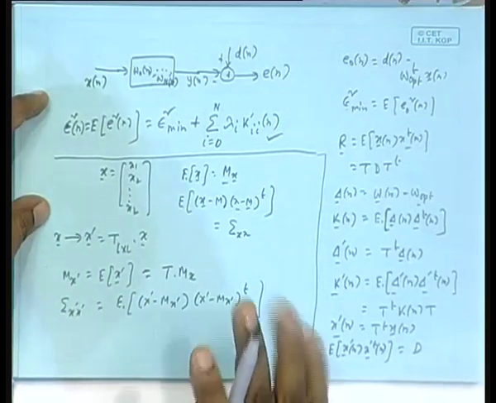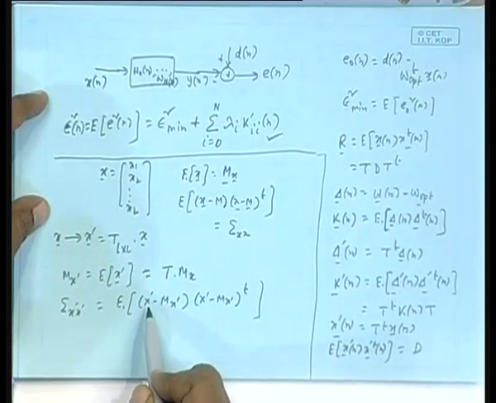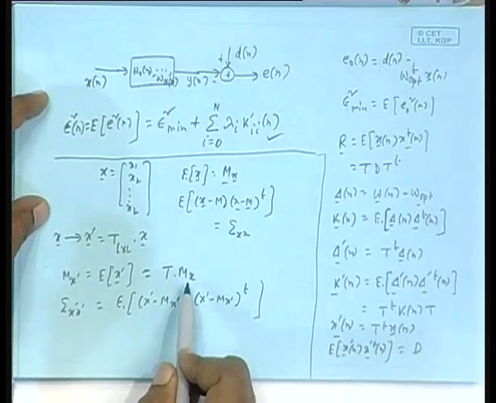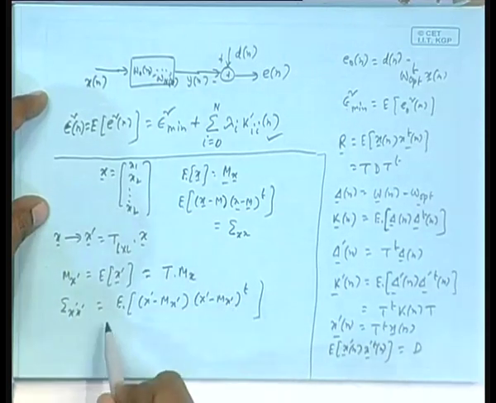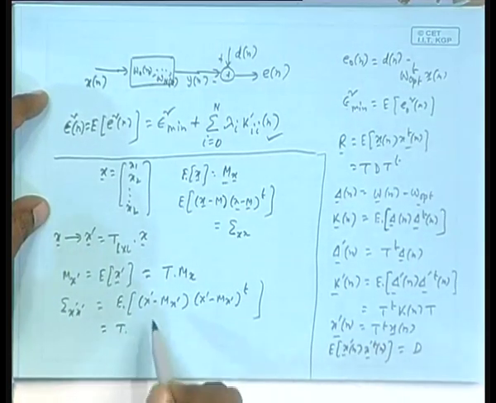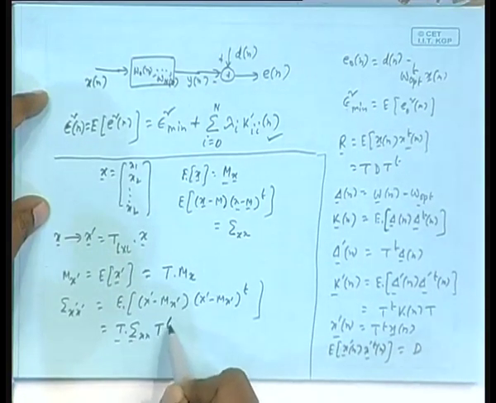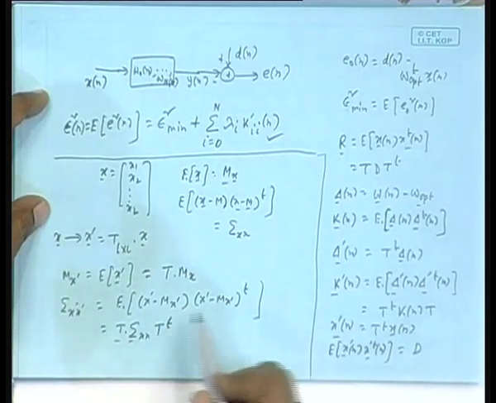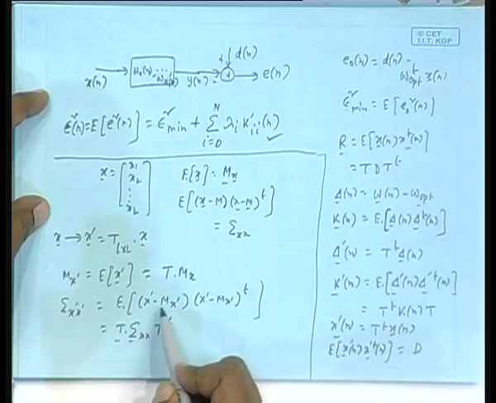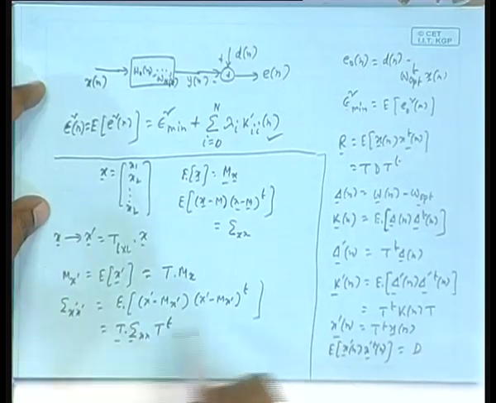You replace x prime by T x, m x prime by T m x. Obviously, you will get this to be T times sigma x x times T transpose. T comes out on the left, and on the right T gets transposed.